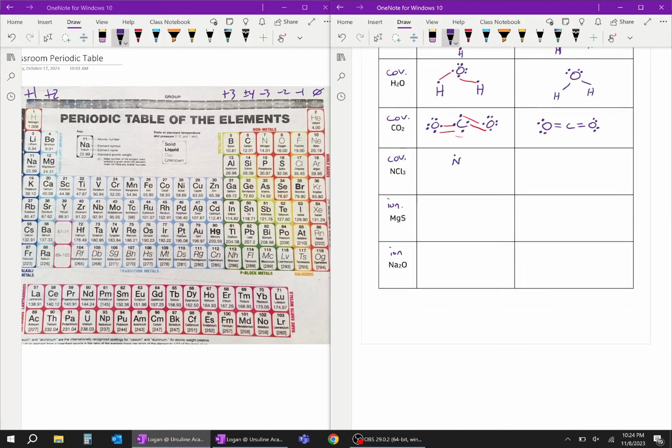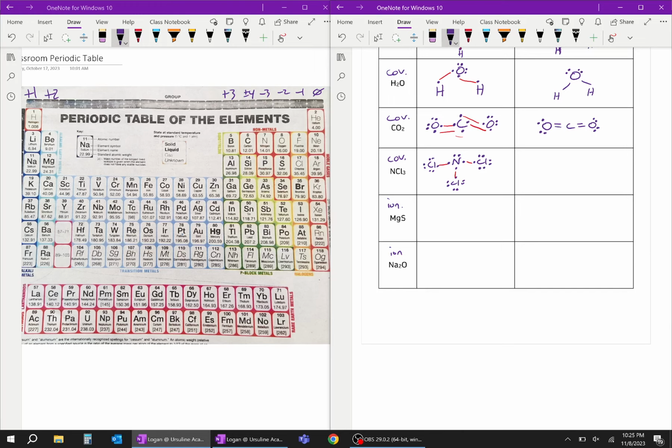NCl3, this is going to end up looking just like NH3 from your notes, except for a whole lot more dots around these chlorines. Chlorines have 7 valence electrons. Nitrogen has 5 valence electrons. That means nitrogen wants to steal 3 times. Each chlorine only wants to steal 1 time.